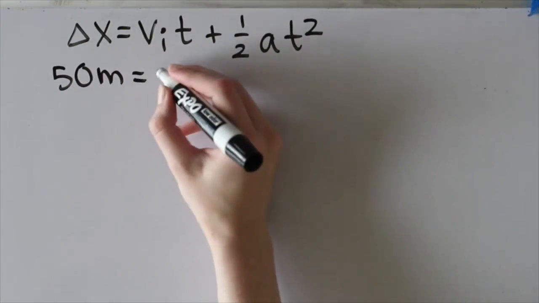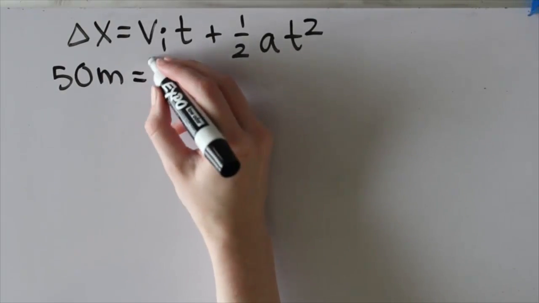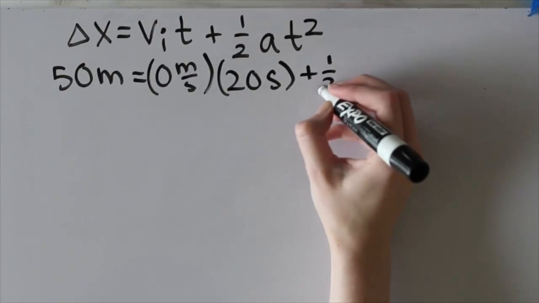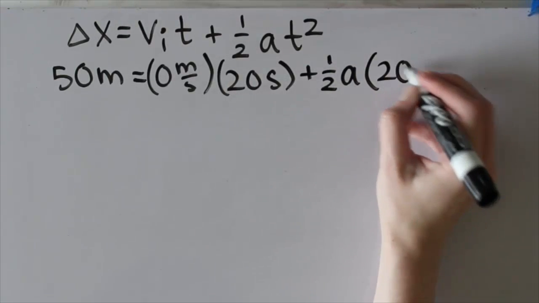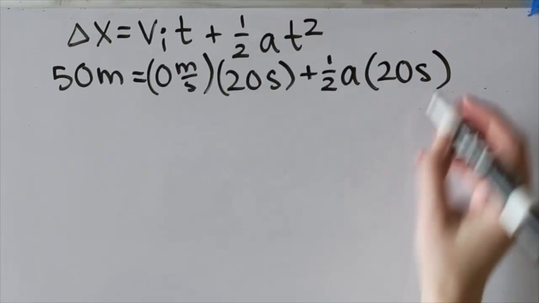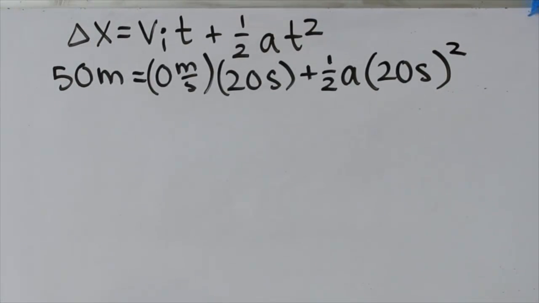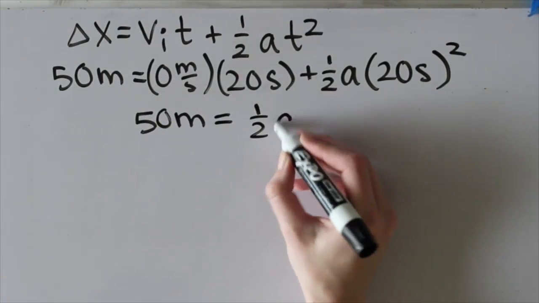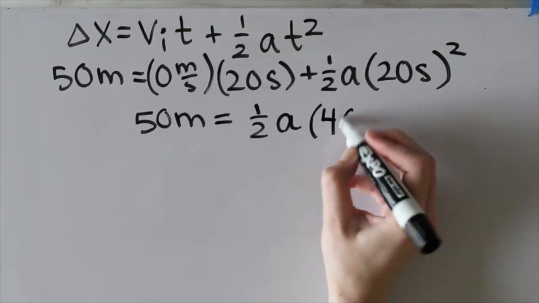First, insert the variables into the equation. 50 meters equals 0 meters per second multiplied by 20 seconds plus 1/2 acceleration times 20 seconds squared. And then the first part is canceled because anything multiplied by 0 is 0. So we are left with 1/2 acceleration multiplied by 400 seconds squared.